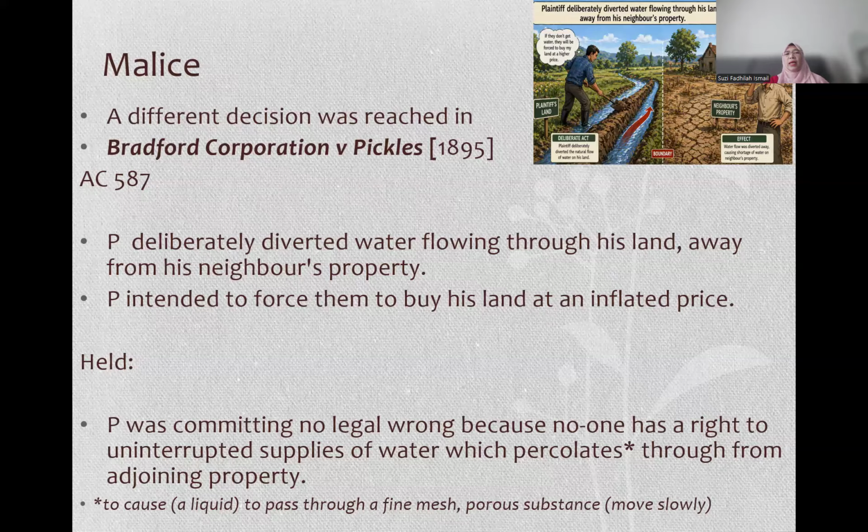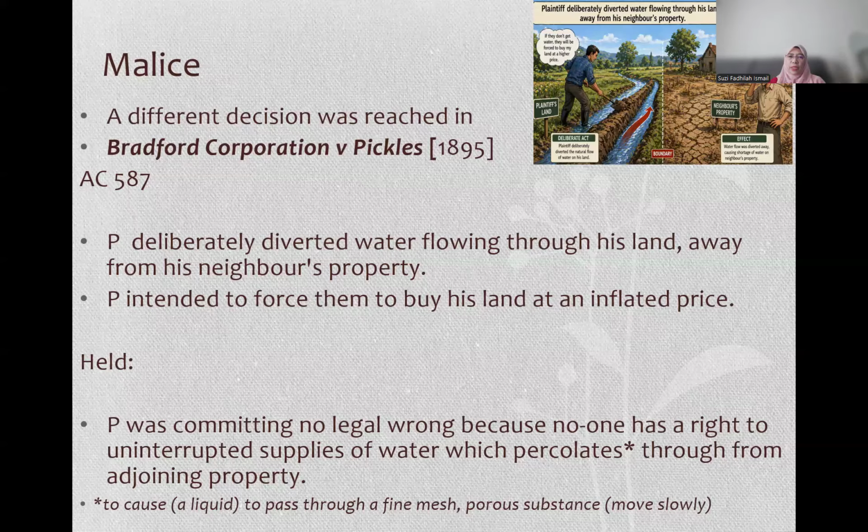He intended to force them to buy his land at an inflated, higher price. But the court held that the defendant, when he did whatever he did on his land, was committing no legal wrong. Why? No one has a right to uninterrupted supplies of water which percolates or flows through from adjoining property. So you cannot stop your neighbor from doing whatever he likes with the water flow on his land.